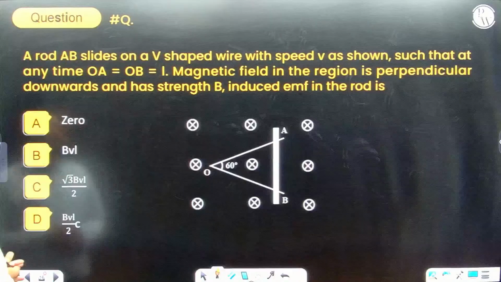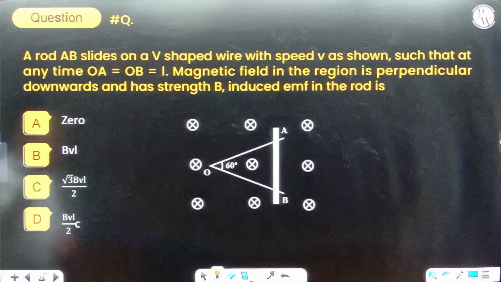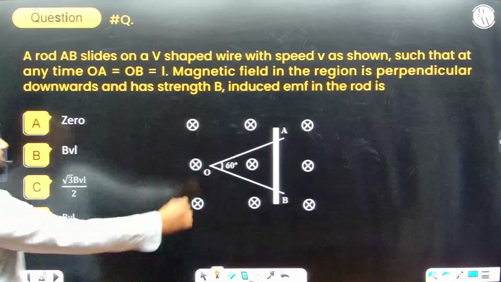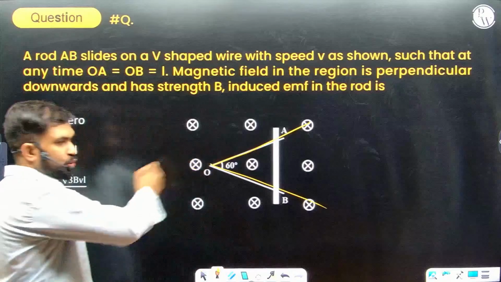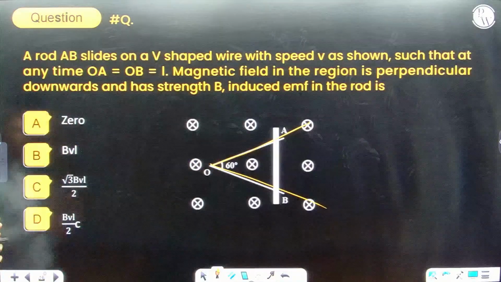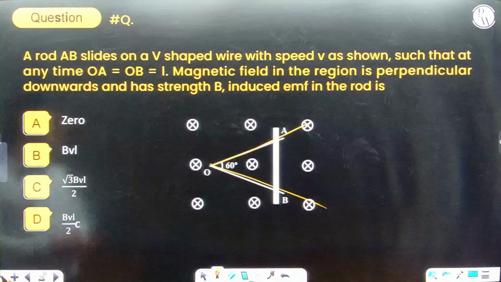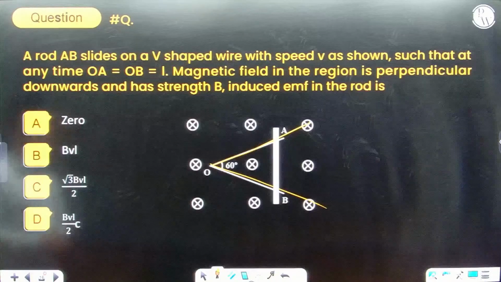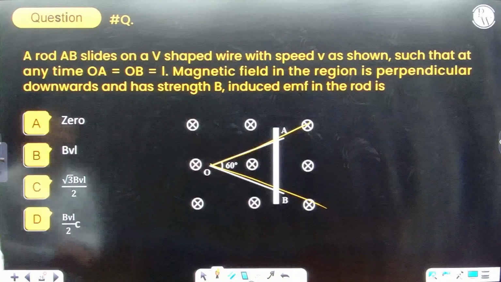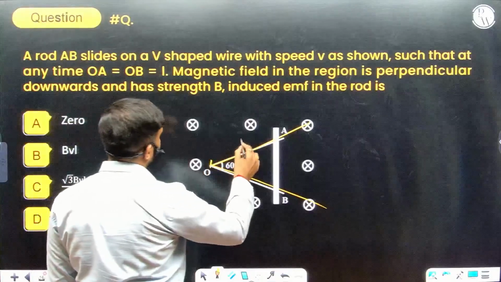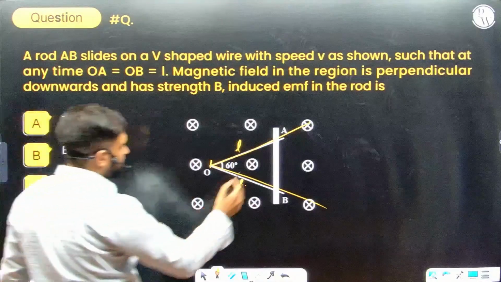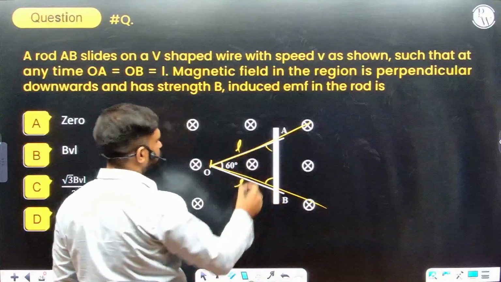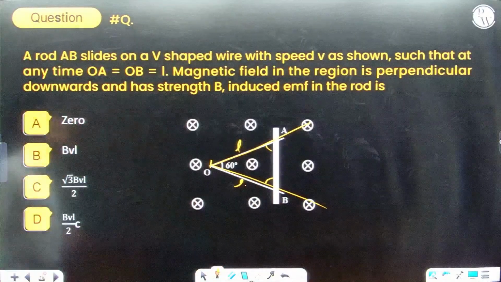Next one, there is a rod AB that slides on a V-shaped rail, a V-shaped wire, so as to complete the circuit. They are saying it's moving with velocity v such that at any time OA equals OB equals L, and it is going to make an equilateral triangle, because this is 60 degrees, so an isosceles 60-degree triangle is equilateral.